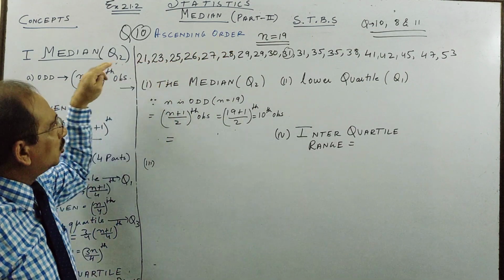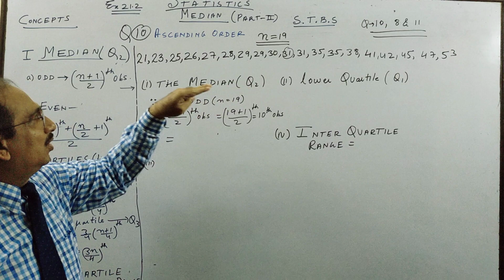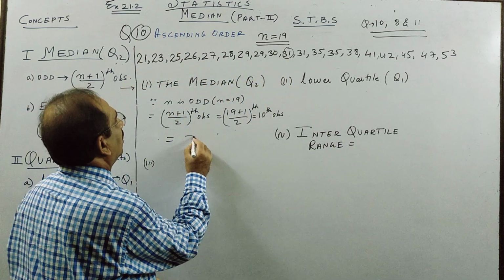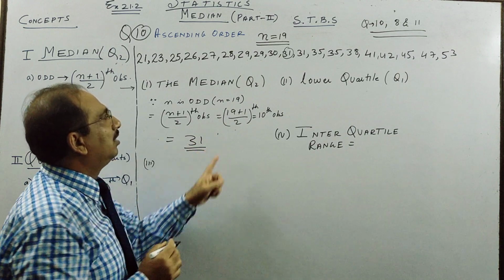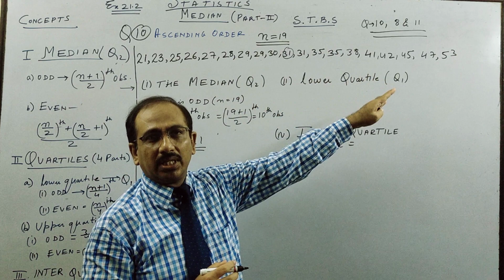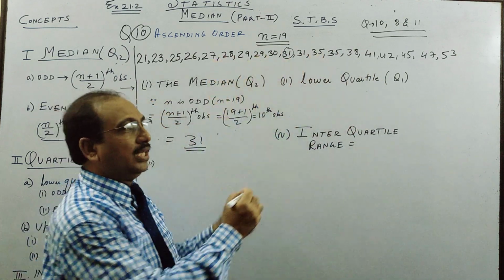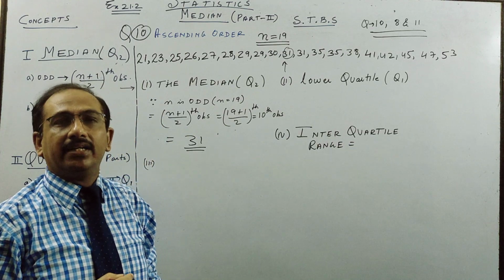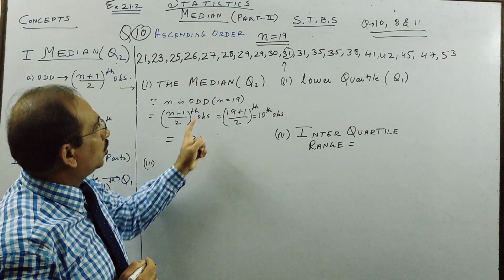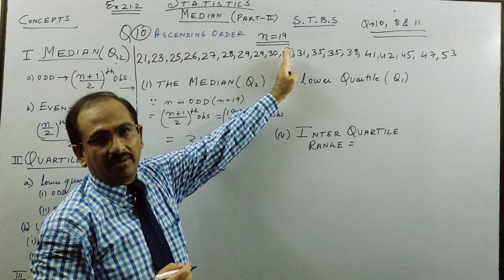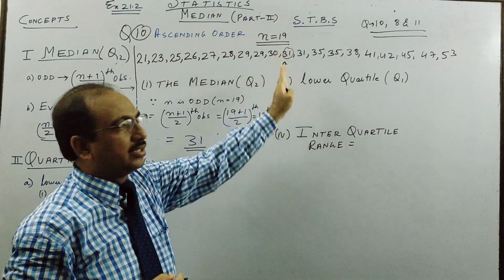If you put all these numbers in ascending order, you will see 31 comes in the middle. There are 9 terms on this side and 9 terms on that side. 9 plus 9 plus 1, we get 18 plus 1, 19. So this is the middle value. Median means the middle value, the middle observation, the middle term.